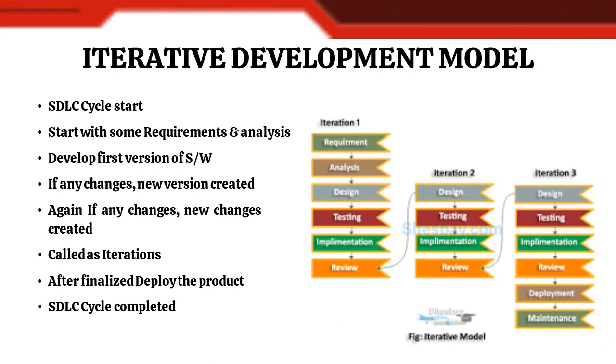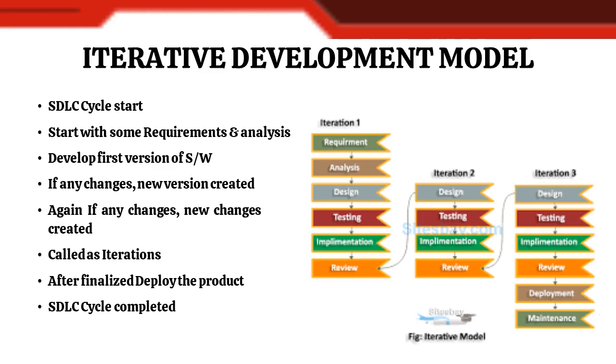The Iterative Development Model is a software development approach where the system is built and refined through repeated cycles called iterations. Here is how it works. The development starts with some initial requirements and analysis. The team develops the first version of the software.